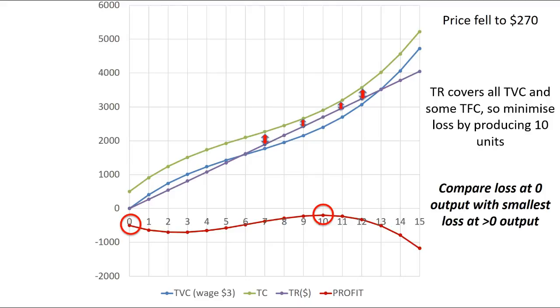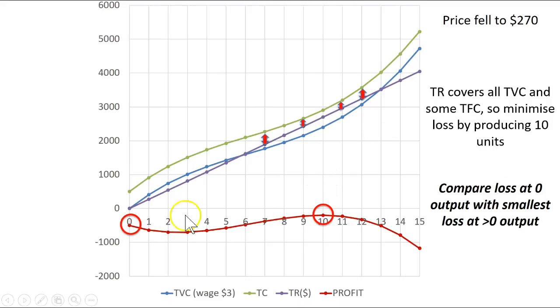And we can see this in some real-life scenarios. Sometimes you can find that a business will stay open despite the fact that it's making a loss. Why would it do that? Because if it closed down, the entrepreneur would have to pay all of the fixed costs, which have to be paid no matter what, out of their own pocket.